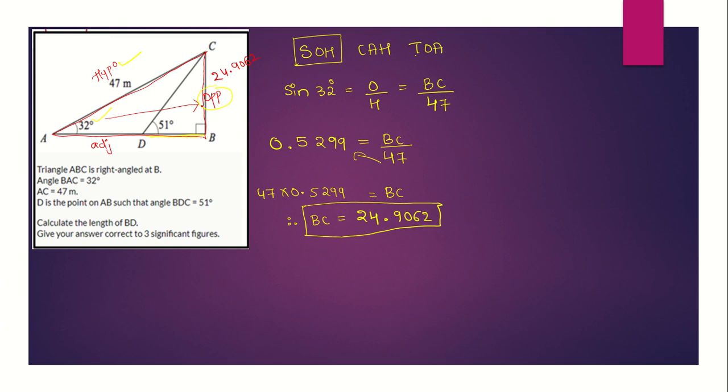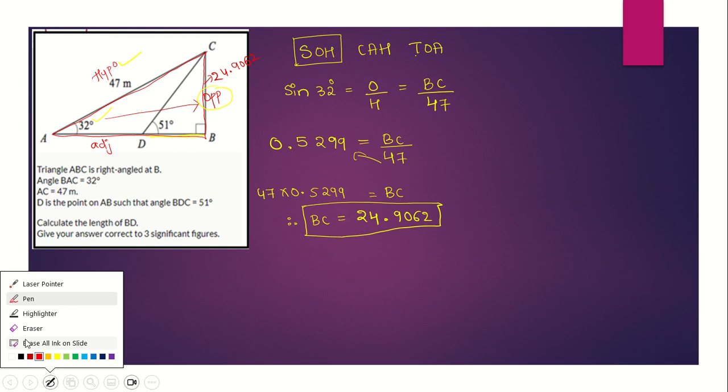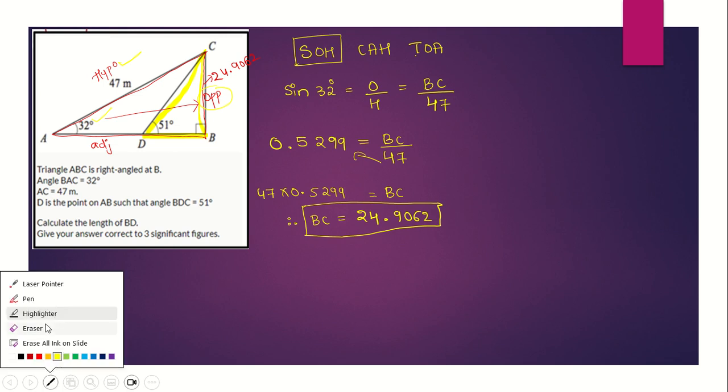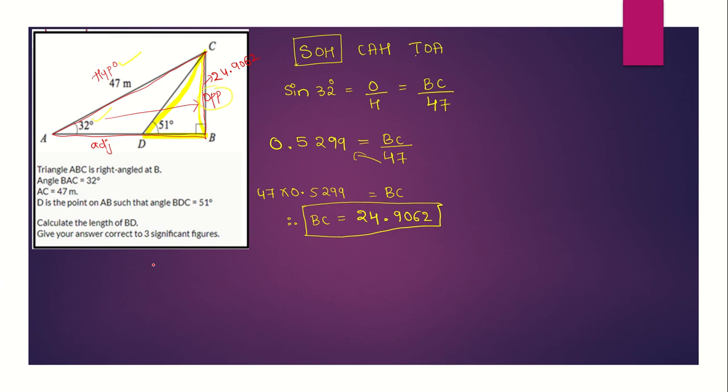So knowing the value of BC, we have to find out the value of the next triangle. So we want the value of this BC. So we have this triangle now, which is again a right angle triangle, where we know the sides. What are the sides known? Here for this triangle, this is theta, and for theta, this again will be the opposite side. This will be the adjacent side, and this will be the hypotenuse.